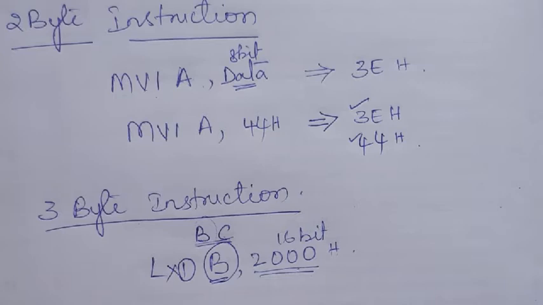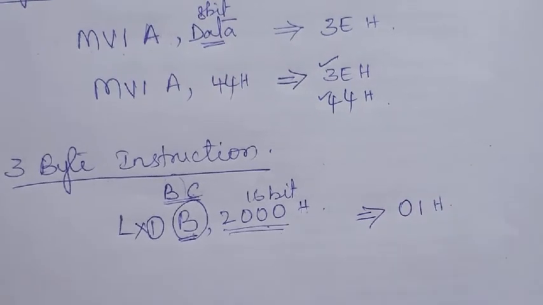So when you code this particular instruction, the opcode for load immediate B with the 16-bit register is 01H. You can verify from the code sheets whether it is correct or not.